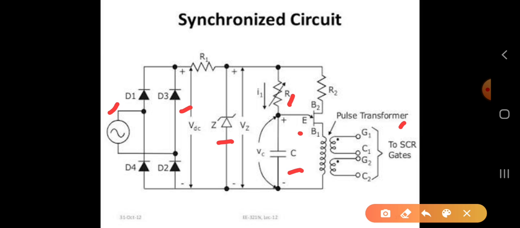Now let's see how the working of this circuit occurs.